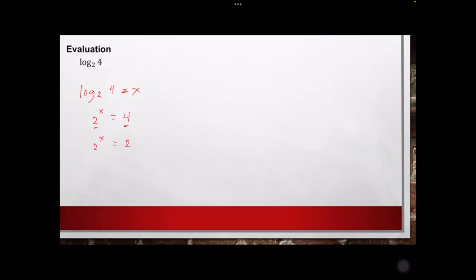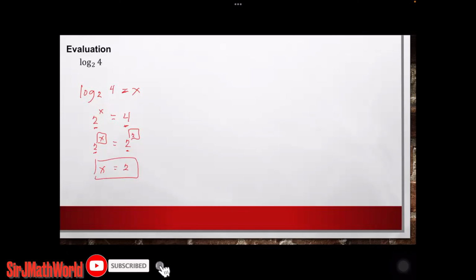So, we have to raise it to 2 kasi 2 to the 2 ay 4. Since parehas na sila ng base which is 2, kunin natin yung exponent. So, x is equal to 2. And this will be the answer, the value of your x.